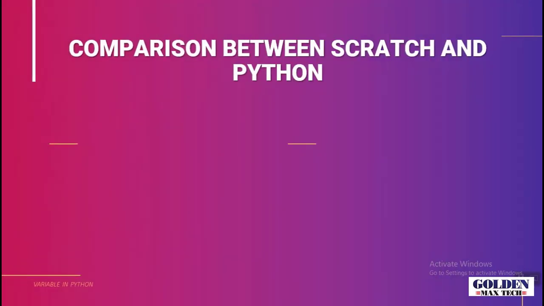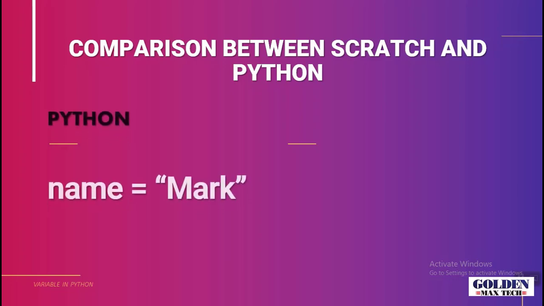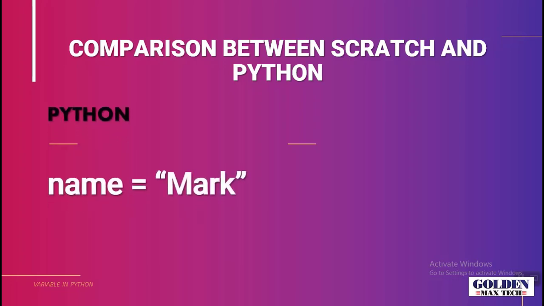Now, I want to make a quick comparison between the variable we created in Scratch programming and creating a variable in Python. Like you have already seen, in Python, this is the variable syntax. There is no particular keyword used for declaring a variable. You start by just putting your variable name, the assignment operator, and then followed by the data you want to store.